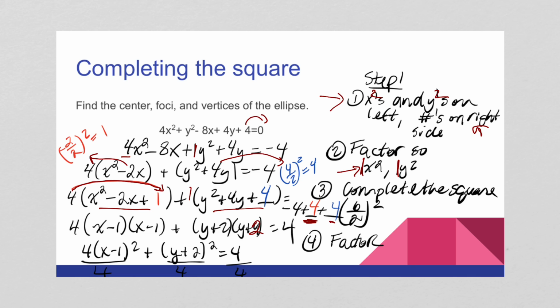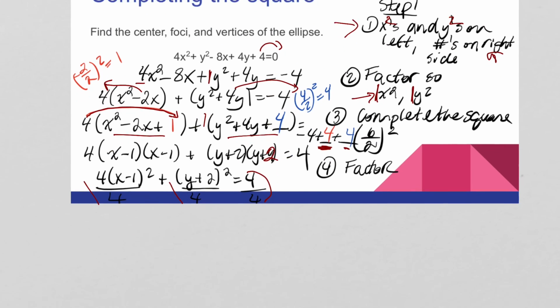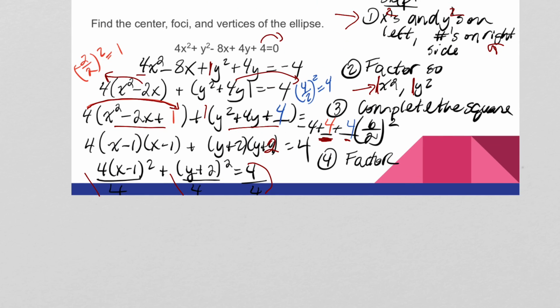This pretty much looks like an ellipse, except it has to equal 1. So how do I make this equal to 1? I'm going to divide by 4 in every single spot there. So when I divide by 4, I am getting (x minus 1) squared over 1 plus (y plus 2) squared over 4 to equal 1.